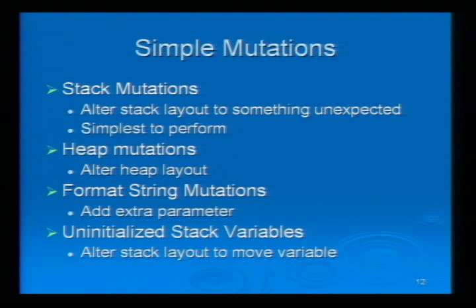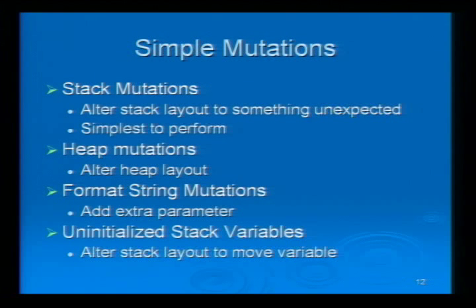So, some simple mutations that maybe we can deal with. The ones that are easiest involve stack mutations, and stack mutations simply alter the stack layout to something other than the stock stack layout, and I'll talk about what that is, and again, they're the simplest to perform. There are some simple heap mutations that you can do without having to add a whole lot of extra code or change too much.